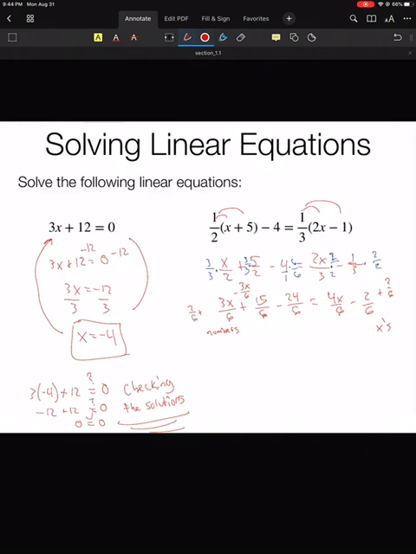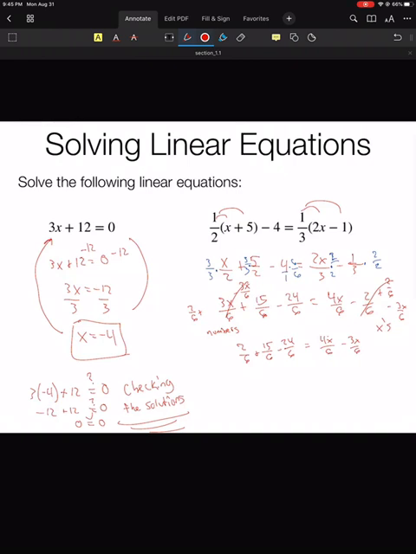So I'd add 2 over 6 over here, and again subtract 3x over 6 here. So hopefully we're keeping up. That cancels that. That cancels that. And I'm left with 2/6 plus 15/6 minus 24 over 6 equaling 4x minus 3x over 6, or 4x over 6 minus 3x over 6.